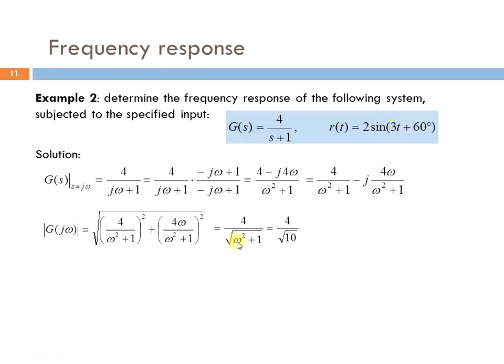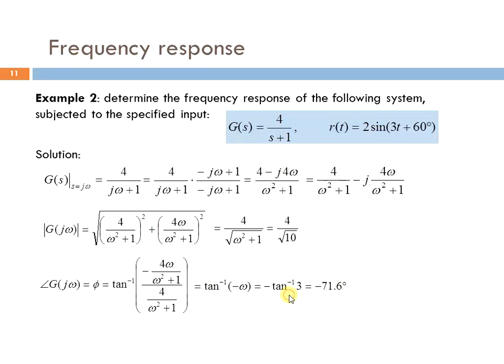So we can substitute this into the magnitude response, and we end up with the value 4 over the square root of 10. Similarly, we make the substitution in the formula for the phase response, and after simplifying, we find that the phase is equal to negative 71.6 degrees.